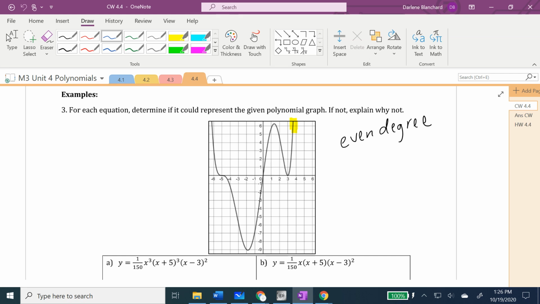If the right end goes up, your leading coefficient is what sign? Yes, your leading coefficient is positive.